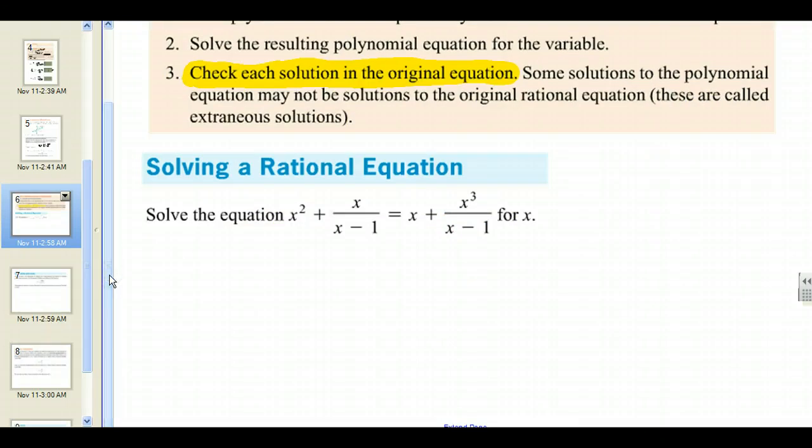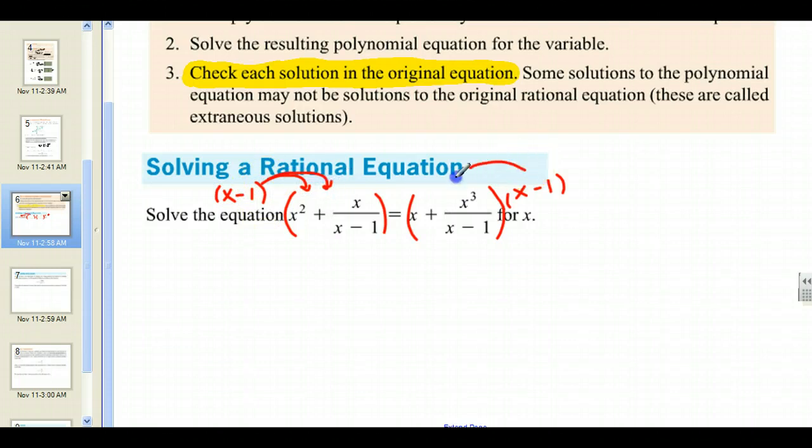Alright, so I'm going to do that. I'm going to multiply through this entire thing, left and right, by the LCD. The LCD here is x minus 1, since that's the only denominator. And I'm going to have to distribute that through on both sides, since I have addition.